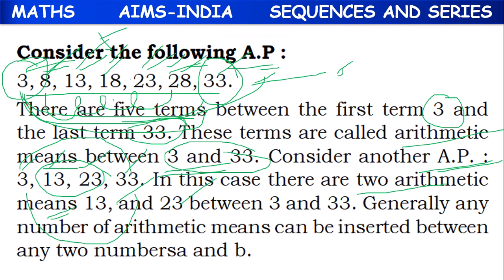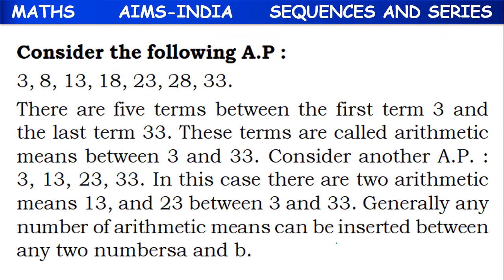In this way, we can insert any number of arithmetic means between a and b as per our requirement. It is not compulsory that we have to keep only one arithmetic mean. We can keep n number of arithmetic means between the first number and last number as per the requirement.